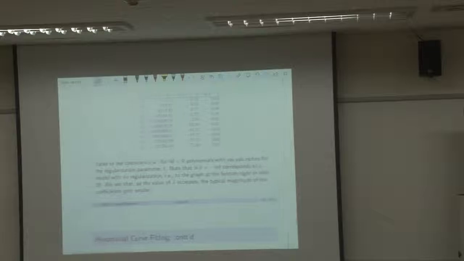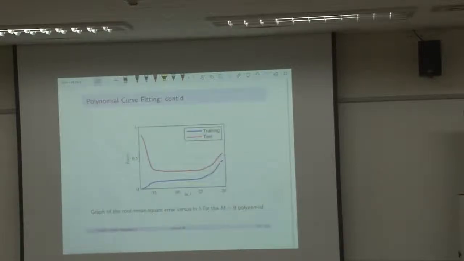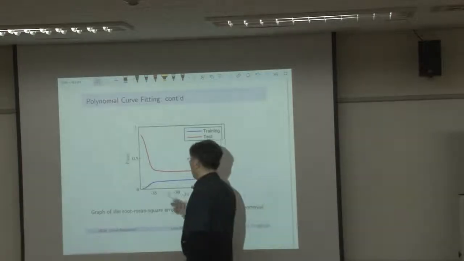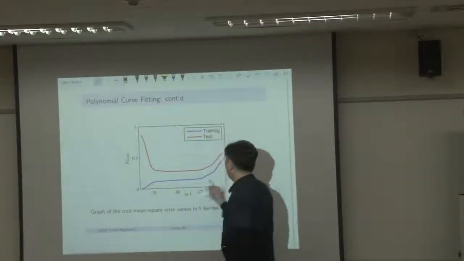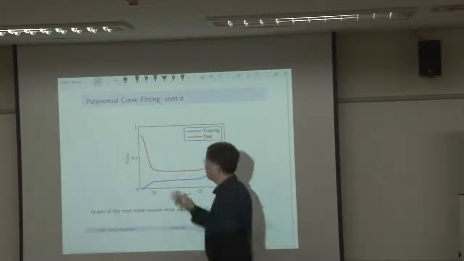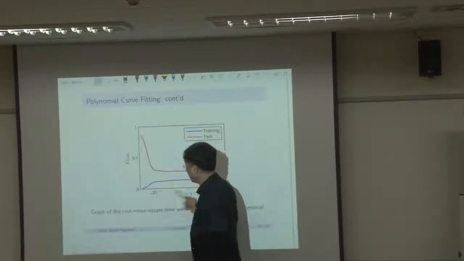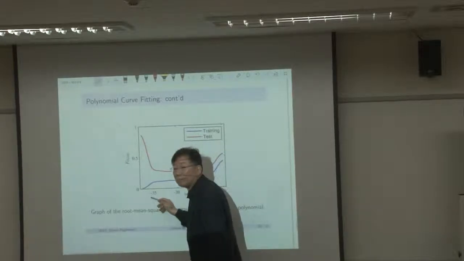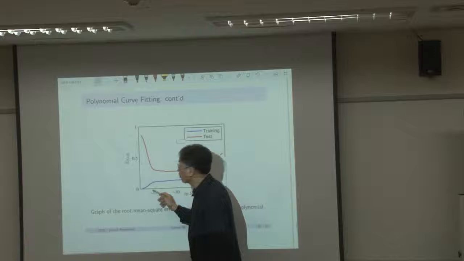Okay, this is about all I need to say. As you increase the regularizer, what happens? With a really, really small lambda, what do we call this?